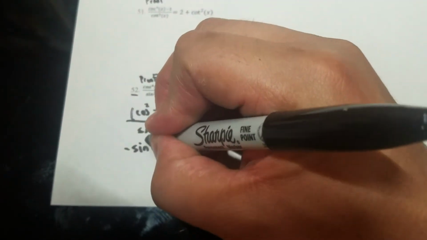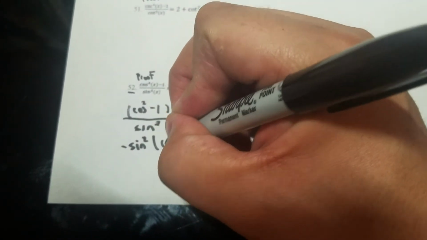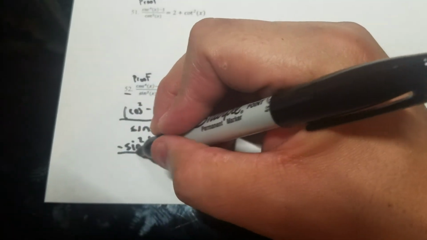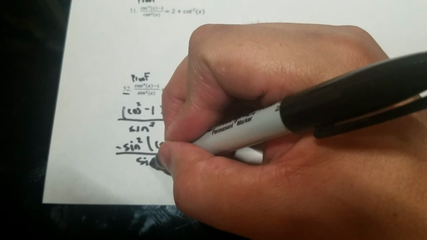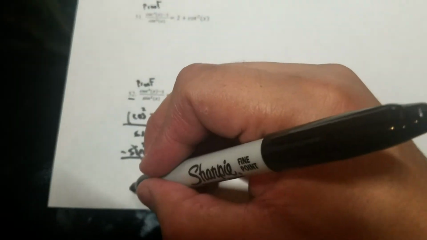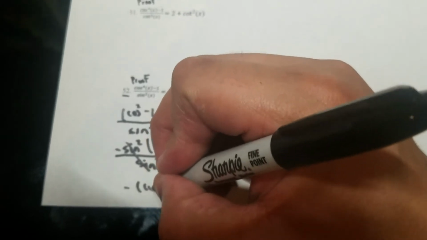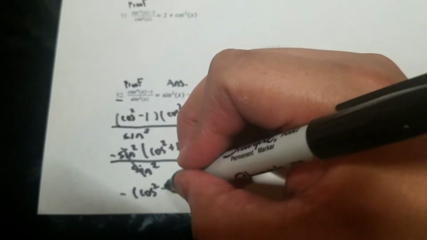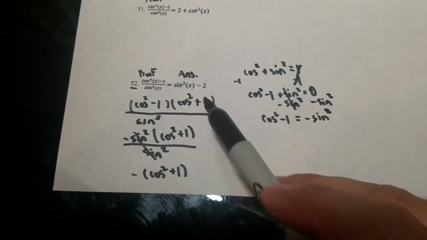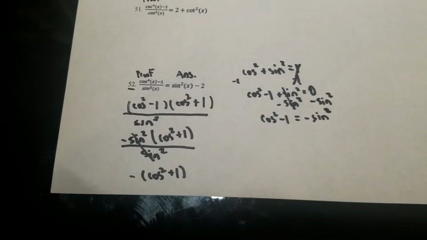So negative sine squared times cos squared +1 over sine squared, and I see the sine squares cancel. So I'm left with negative cosine squared +1. Okay, again, guys, this still does not look like that.